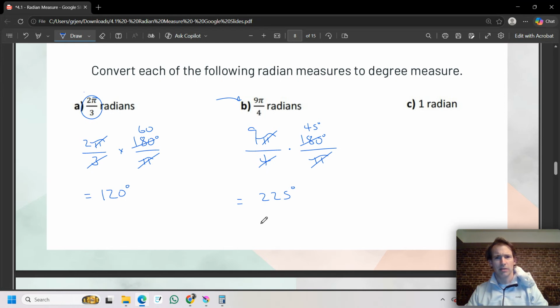What's that? 9 times 45 is not 225. And 9 pi on 4 is bigger than 2 pi. Yeah, this is indeed 405 degrees. Check it on a calculator.